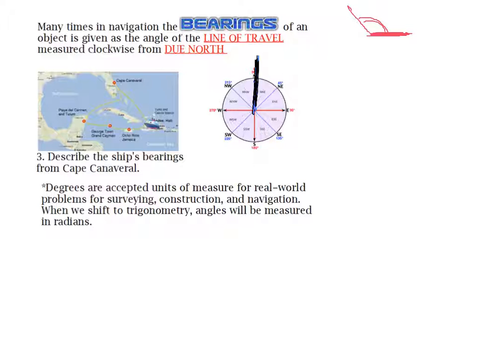Basically your angle is created by your line of travel and your due north line. So let's say that you are traveling over here someplace. The angle is measured from due north clockwise. So it's going to start here and it goes clockwise, this way all the way around. And that is going to be the bearings.